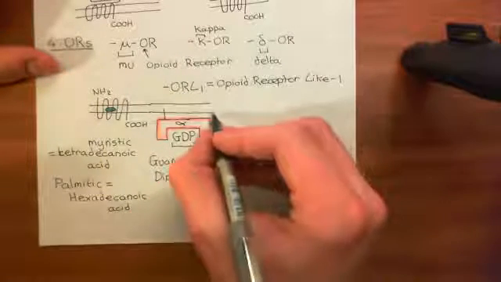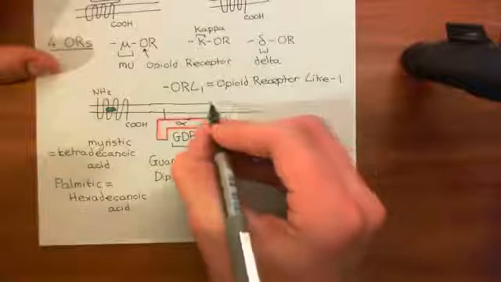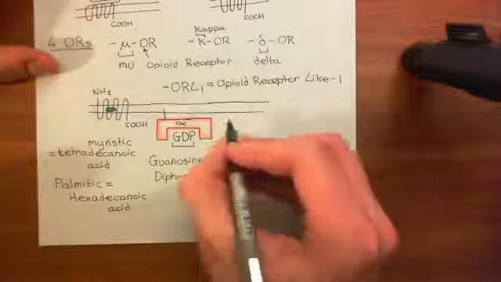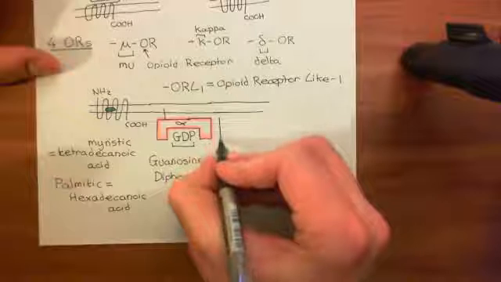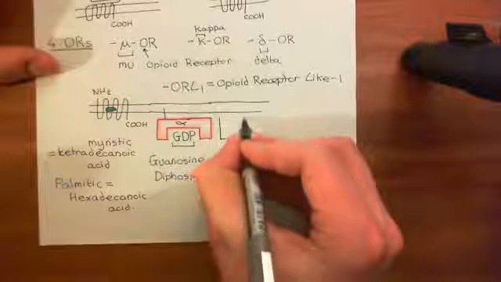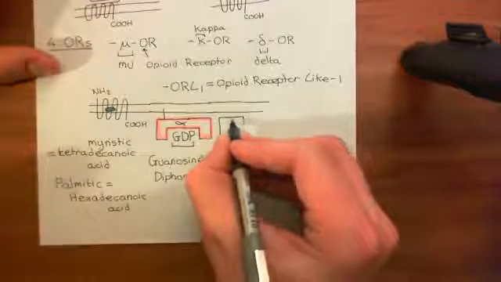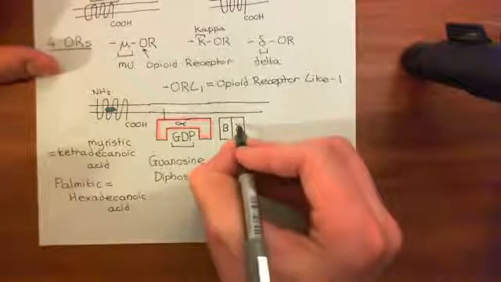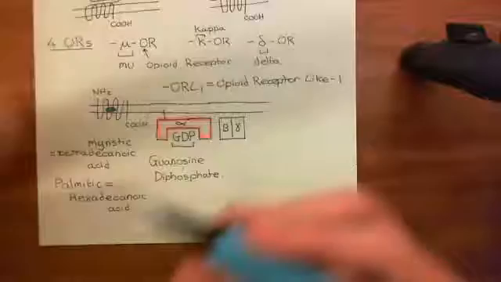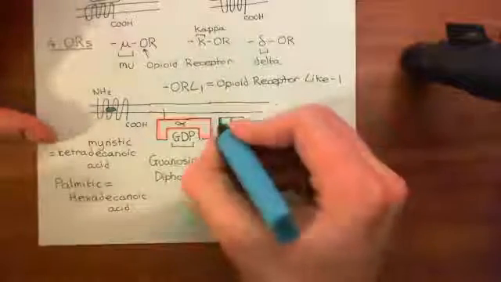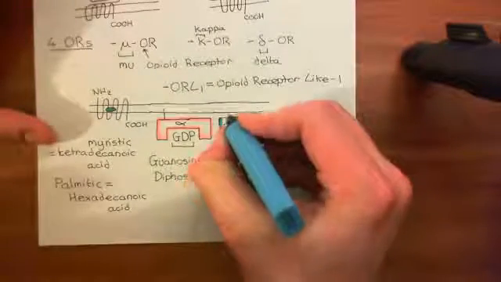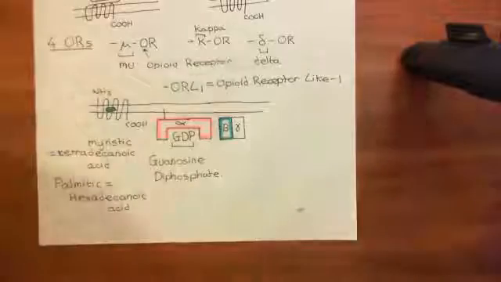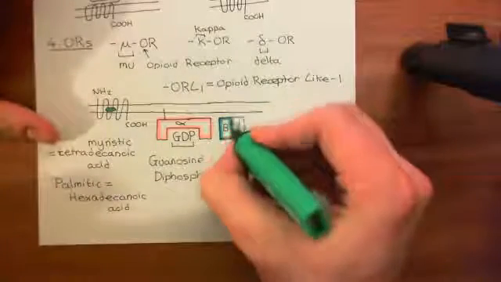In heterotrimeric G proteins, you also have two other subunits. Now, the other two subunits always remain bound together. You have a beta subunit and also a gamma subunit. Let's show the beta subunit here in blue, and the gamma subunit here in green.